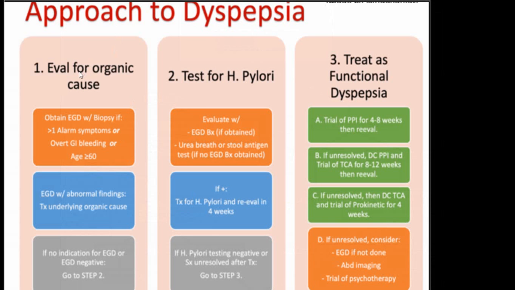So the approach is always to evaluate for organic cause and evaluate for H. pylori infection. If these two are ruled out, functional dyspepsia is more likely. And again, the treatment depends upon the clinical presentation. If there is postprandial distress, prokinetic drug is the first drug of choice, followed by proton pump inhibitor.